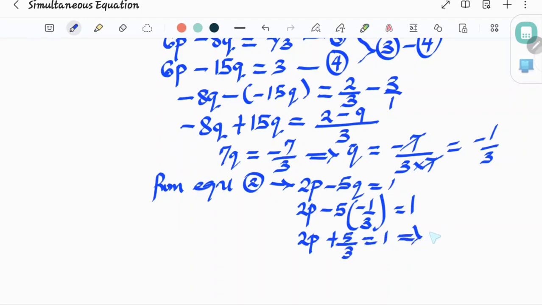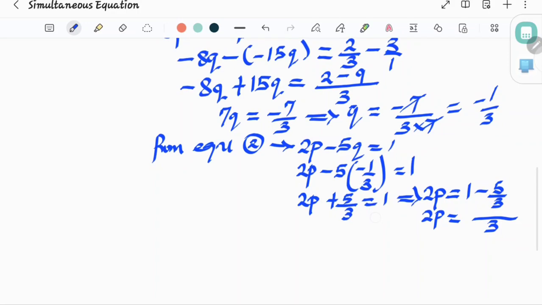And here it follows that 2p equals 1 minus 5 over 3. And 2p here should be equal to, LCM is going to be 3, so this is over 1 and 3 is going to give 3 minus 5. And so we have 2p equals minus 2 over 3.